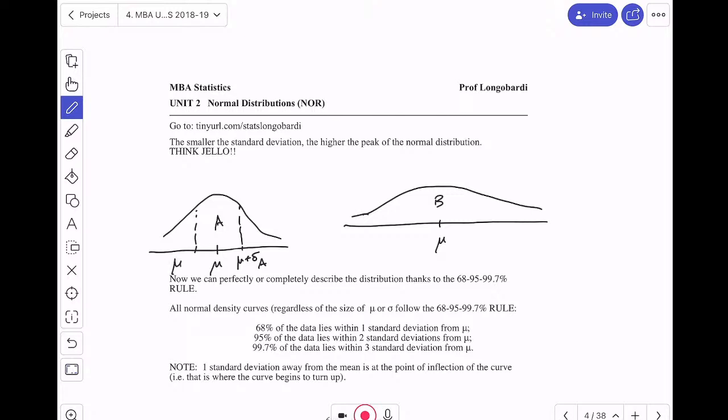And this would be mu minus sigma A. This area in here, the bars, should be 68% of the observations.